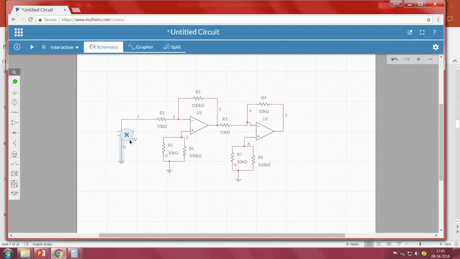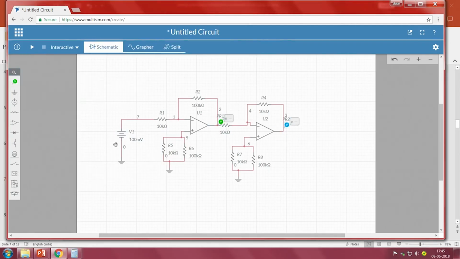We took 100 millivolts. The reason is that if I take 1 volt, the gain multiplied by 10 will become 10 volts, which may go close to saturation where I cannot apply anything else. So that is why I am taking 100 millivolts. Let me measure the voltage at this point as well as at this point.